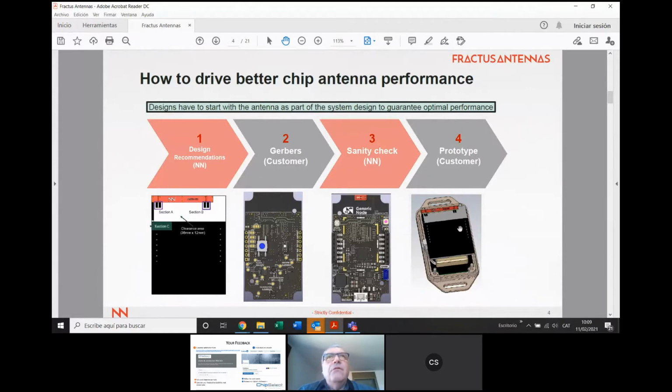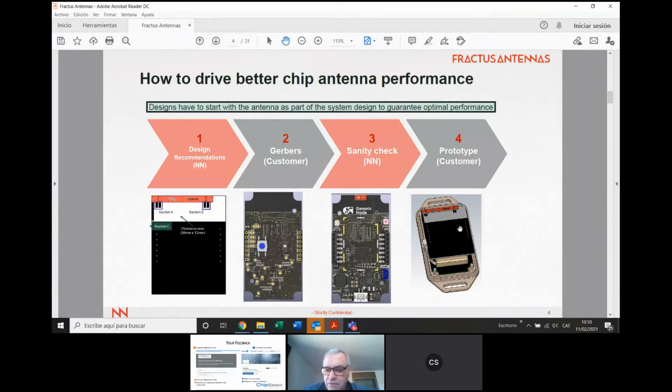So don't follow the old way of making the design: I make a prototype, I test the antenna. If the antenna is not working, then after 2 or 3 months you discover that this is not what you were expecting, and you have wasted time and money. In this case, we are offering you the possibility to make the feasibility analysis of your project, I repeat, before making any prototype.